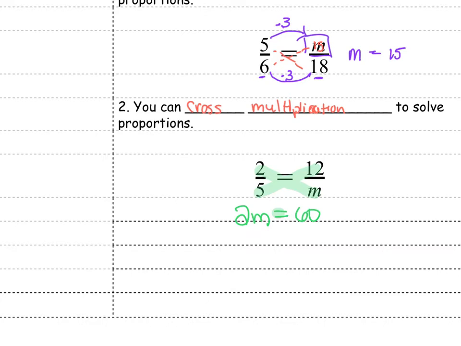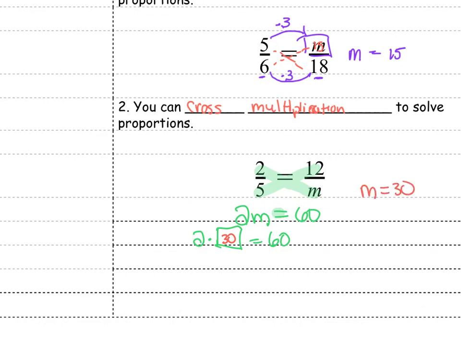At this point, we have an equation. You need to think about 2 times what number gives us 60. This is a pretty easy one because it works out nicely. That number is 30, so we know m is going to be 30.